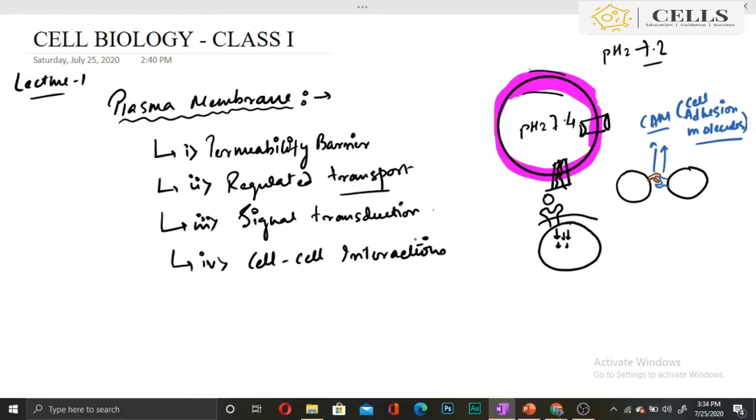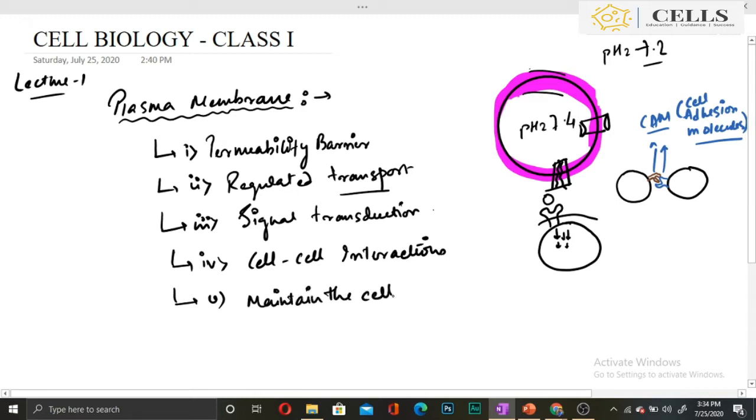Now, another important thing, fifth: the plasma membrane is also very important to maintain the cell shape. We will study that there are different cytoskeletons in the cell, like actin filaments and intermediate filaments.